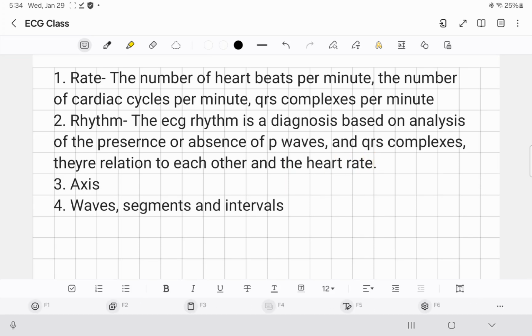Okay, so again, it's a diagnosis, right?